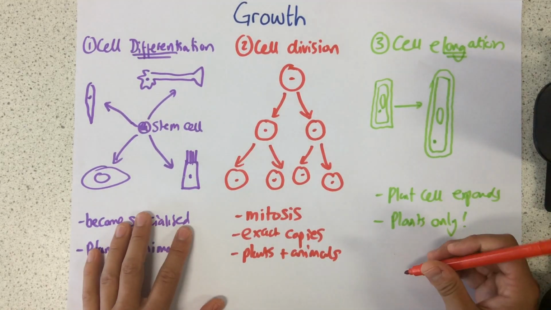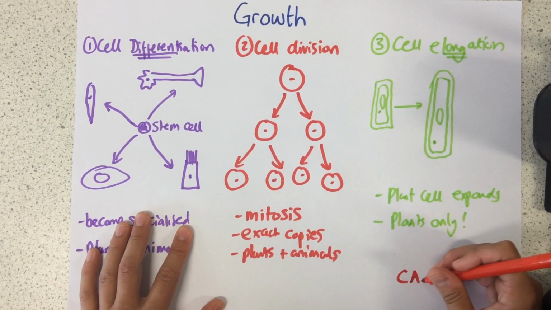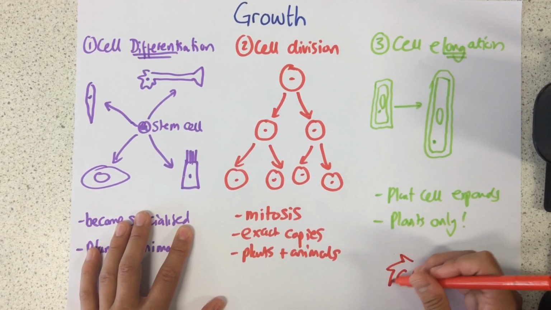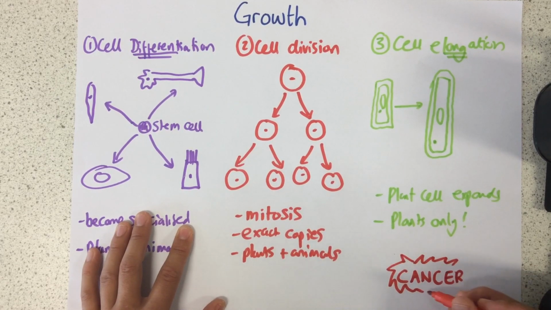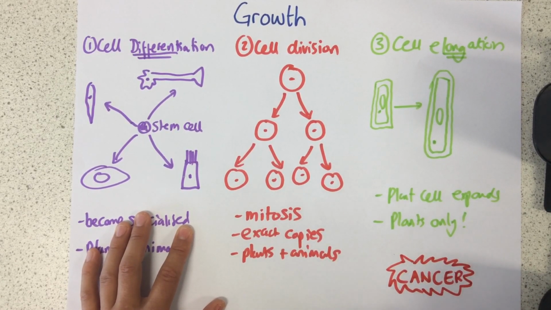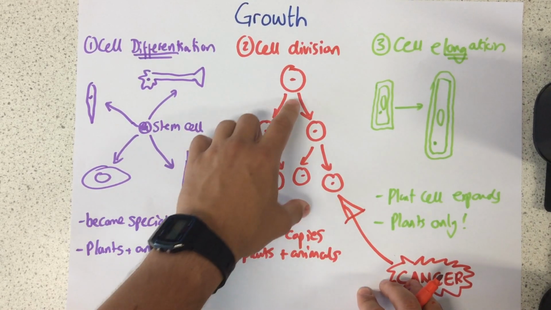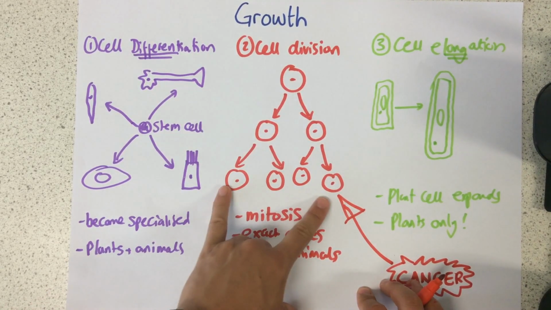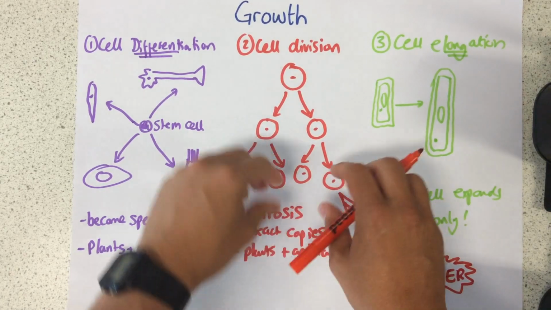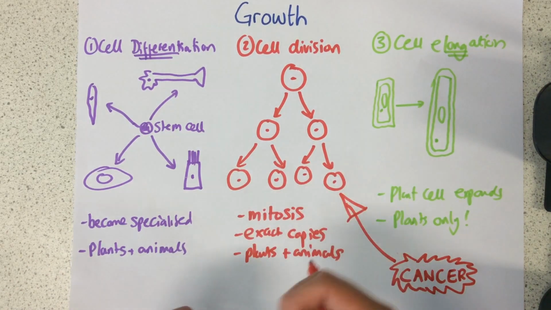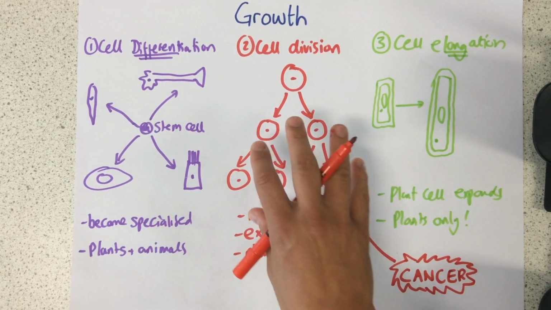The only other thing it's worth mentioning is when this can go wrong. And when this can go wrong, we can get cancer. Now what cancer is, it's basically related to this here. It's related to when we have cell division by mitosis. When this cell division happens uncontrollably, we just make more and more and more and more cells.